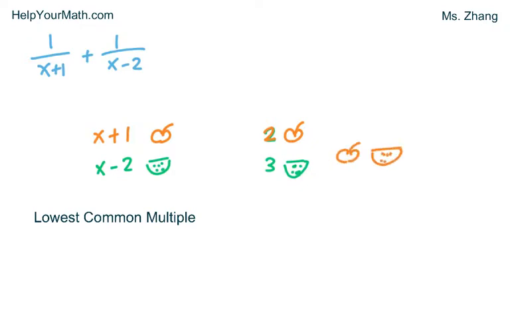So we're basically doing the same thing here. We're going to multiply apples by watermelon. So that means the lowest common multiple of x plus 1 and x minus 2 is the product of x plus 1 and x minus 2.